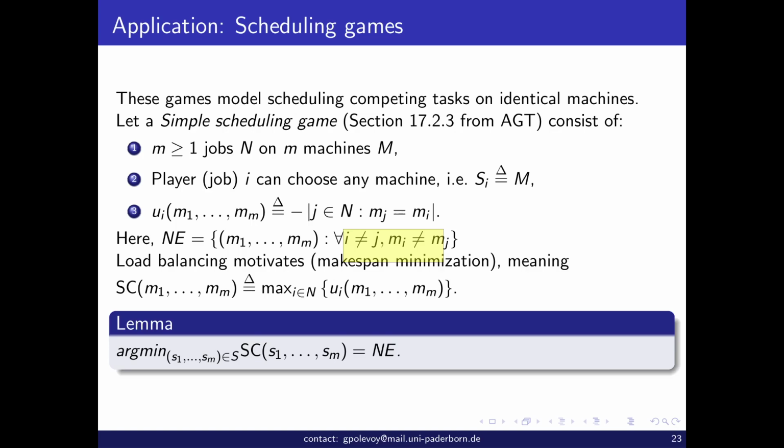So if the condition that any two players go to different machines does not hold, that's not a Nash equilibrium. So the set of Nash equilibria, as we have now argued, is the set of all permutations, or in other words, all the choice profiles where no two players go to the same machine, so each player goes to some machine where that player is the only job.